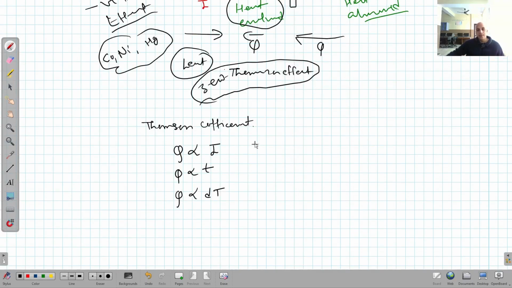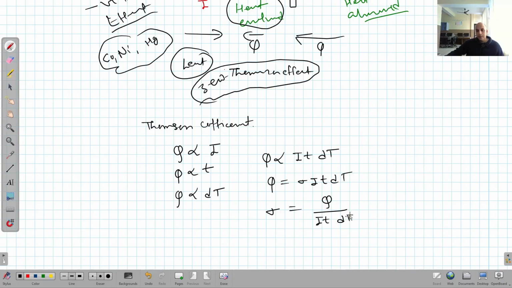So I can write Q is proportional to I t dT. Removing the proportionality sign, Q is equal to sigma I t dT. So sigma is equal to Q upon I t dT.